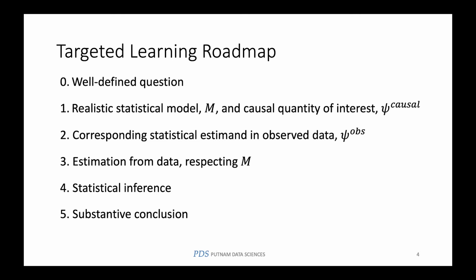But of course, we have to estimate this thing from observed data, and so we also need to define a corresponding statistical estimand in the observed data that we'll call psi observed. Step 3 is to actually estimate this from data in a way that respects the bounds on the problem, provides statistical inference, and finally, draw a substantive conclusion that is based both on the effect, but also on the strength of the evidence that we might assess through these sensitivity analyses. So you can see that this dovetails very nicely with the ICH guidelines on the previous slide.